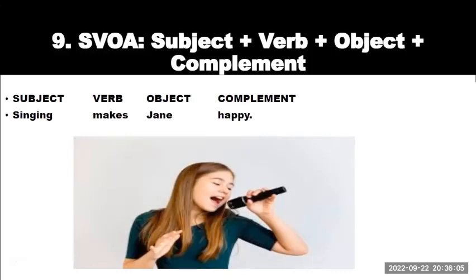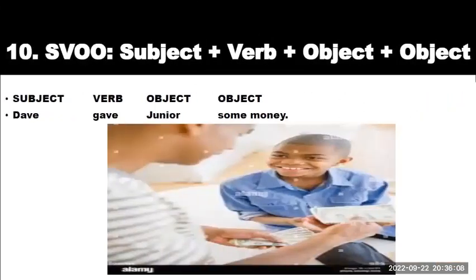Okay? Now, number 10, we have SVOO. A sentence with the SVOO structure contains 4 elements: subject plus verb plus object plus object. For example, Dave gave Junior some money.